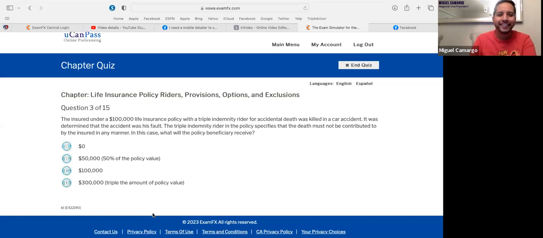All right, the insured under a $100,000 policy with triple indemnity for accidental death was killed in a car accident. It was determined that the accident was his fault. The triple indemnity rider specifies that the death must not be contributed to by the insured in any manner. In which case will the policy beneficiary receive? Let's go common sense.